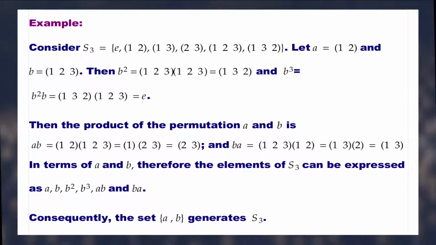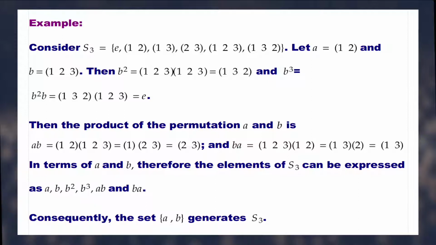Consider S3 equal to {e, (1 2), (1 3), (2 3), (1 2 3), (1 3 2)}. Let A be equal to (1 2) and B be equal to (1 2 3). Then B squared is equal to (1 2 3) times (1 2 3).